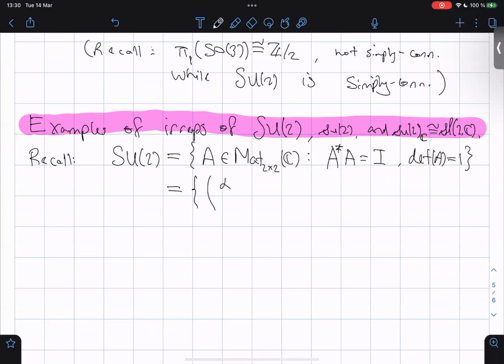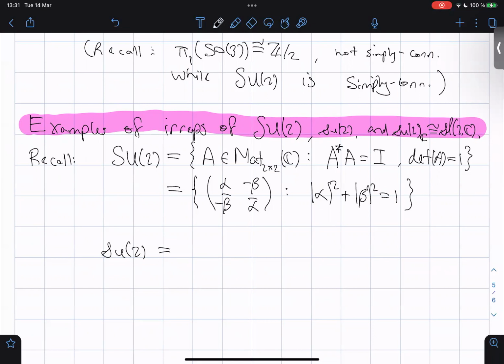These are matrices that look like this, with alpha and beta complex, and the determinant one condition tells you that the sum of the norm squared of both of these is 1. So SU2 topologically, because of this condition, is homeomorphic to the 3-sphere, and the 3-sphere we know is simply connected.